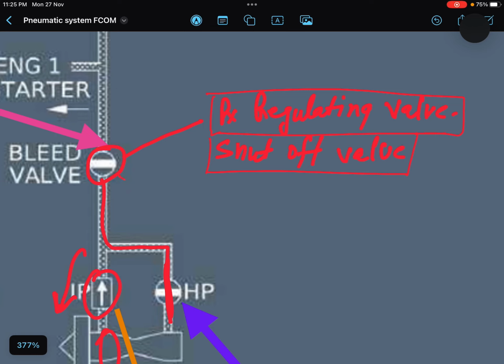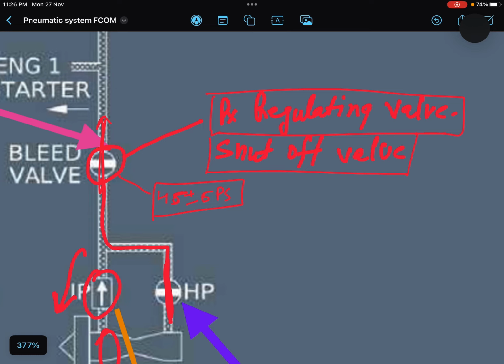When you think about it, you will come to know that this bleed valve makes sure that the delivery pressure is 45 plus minus 5 psi. So it regulates the bleed pressure. The bleed which is leaving the bleed valve, its delivery pressure will be somewhere around 45 plus minus 5 psi.